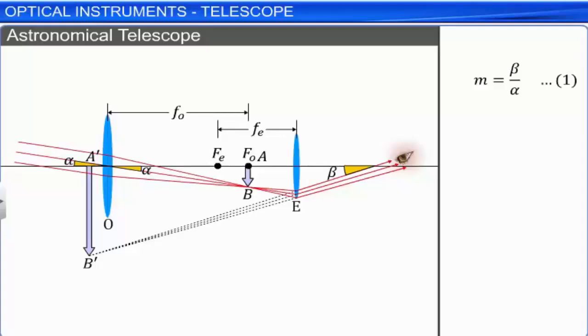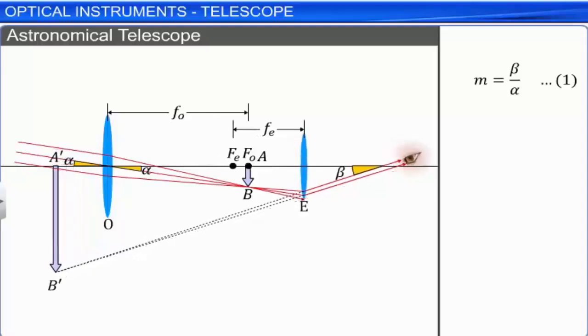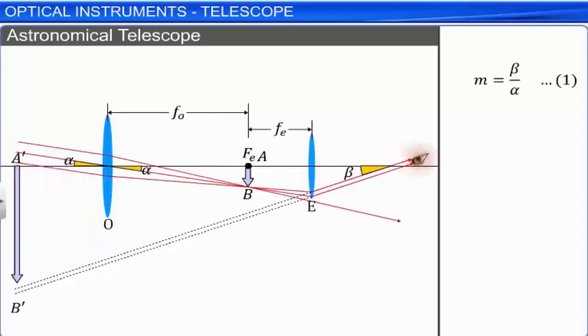Since the two angles alpha and beta are very small, tan alpha is approximately equal to alpha, and tan beta is approximately equal to beta. But tan alpha is equal to AB by FO, and tan beta is equal to AB by FE.